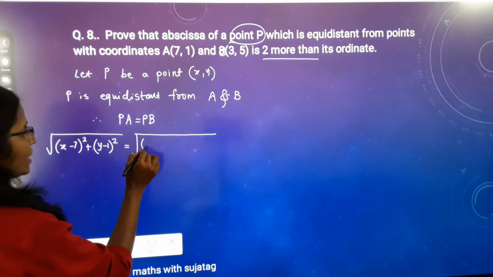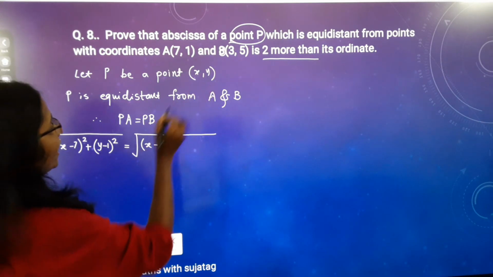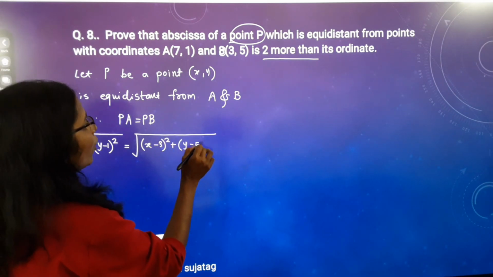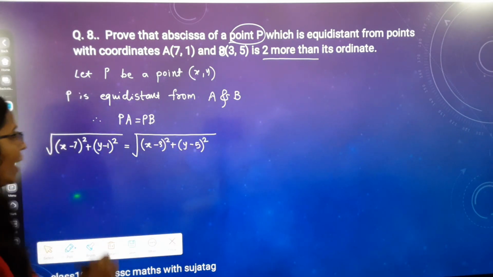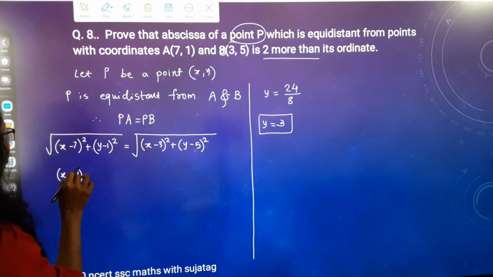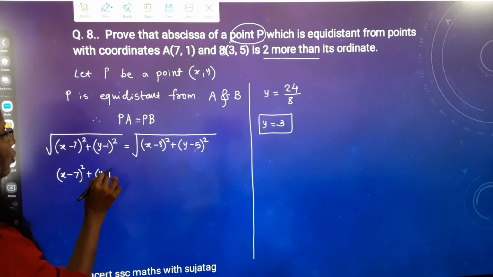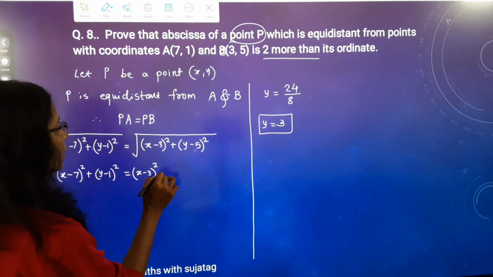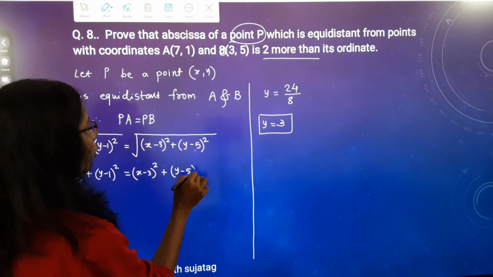So here (x minus 3) whole square plus (y minus 5) whole square. Now square on both sides. So (x minus 7) whole square plus (y minus 1) whole square is equal to (x minus 3) whole square plus (y minus 5) whole square.